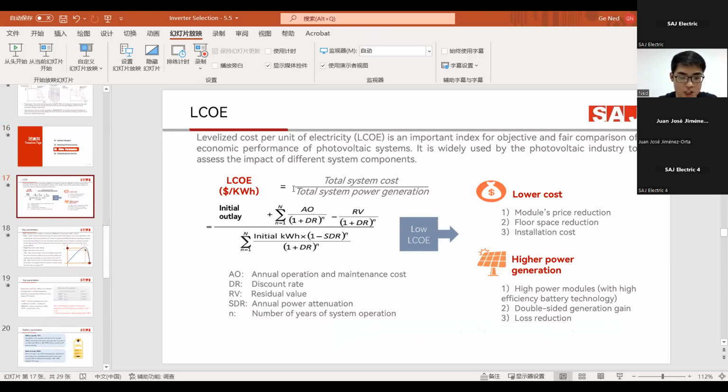I would like to share, note that it is the total system cost, including the operation and maintenance cost, and the total system power generation during the life cycle, the total power generation for your power plant. And the LCOE of solar is about 3 to 4 cents USD nowadays.